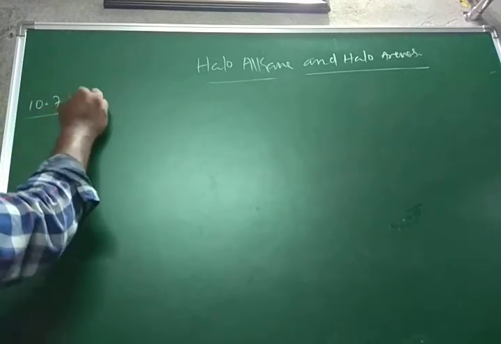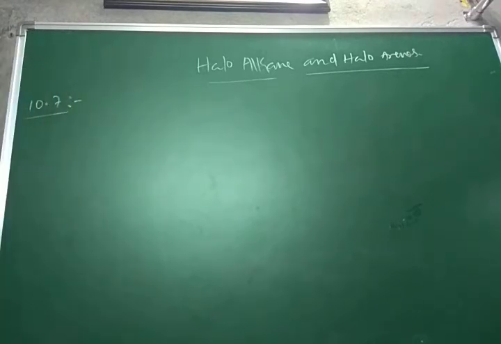10.7 in-text question. First question is, which alkyl halide from the following pairs would you expect to react more rapidly by an SN2 reaction mechanism? Explain your answer. Here a total of three questions are there.